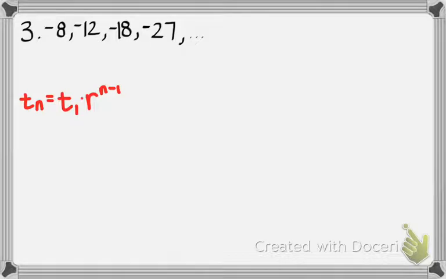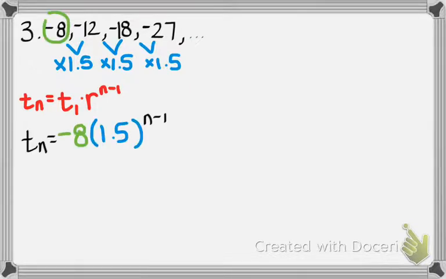So my T1 is my very first term, which is -8 in this case, and my r is the number I multiply by to get from one term to the next. So from -8 to -12, I multiply by 1.5. From -12 to -18, I multiply by 1.5. And I do this between each term.